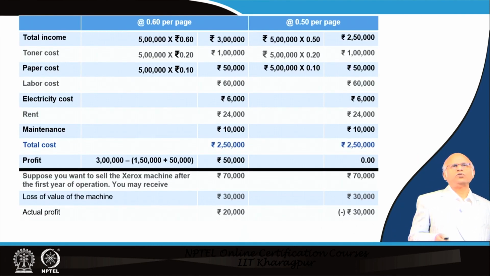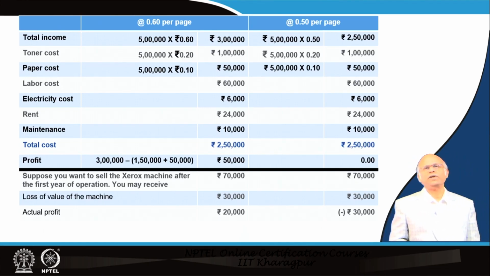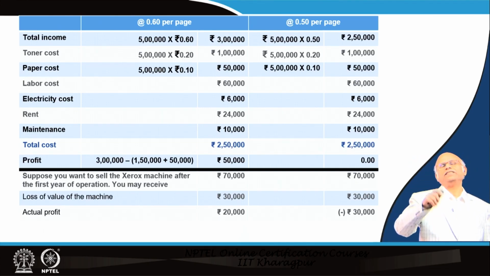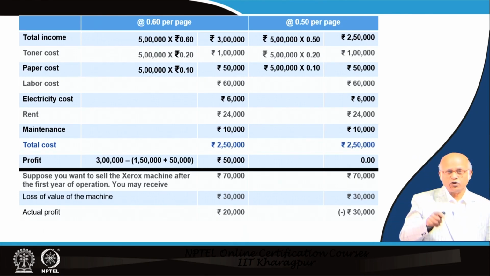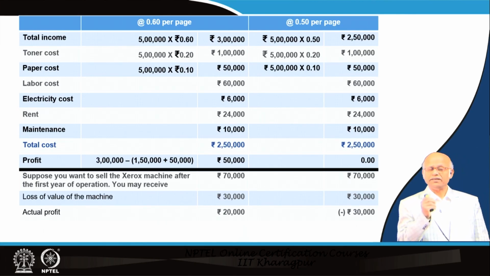So, your total income is 3 lakh, and here on the left hand side you have assumed that you are charging the customer at 60 paisa. On the right side you are charging the customer at 50 paisa. All other expenses remain the same. Look at the costing and look at the distinction that depreciation makes on the two sides.